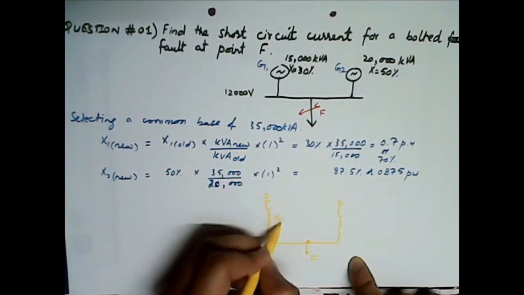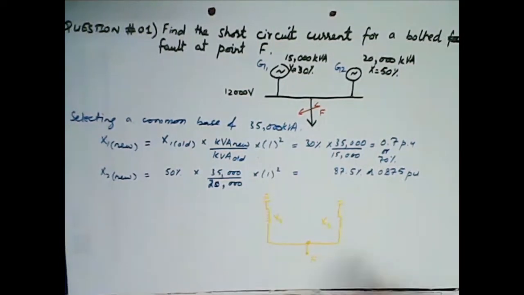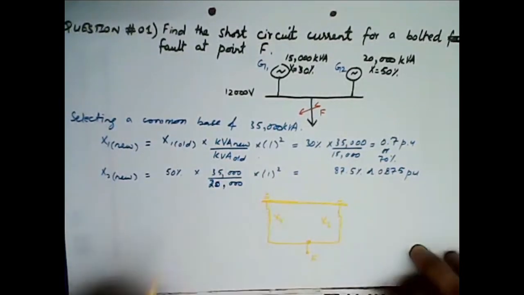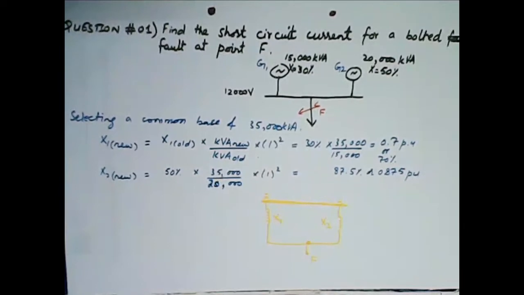So x1 and x2, and here we can see that since this is a common ground bus, now what will be the value of short circuit current in this scenario? This will be base divided by under root 3, base divided by the percent reactance, and for that we need to find the percentage reactance first.